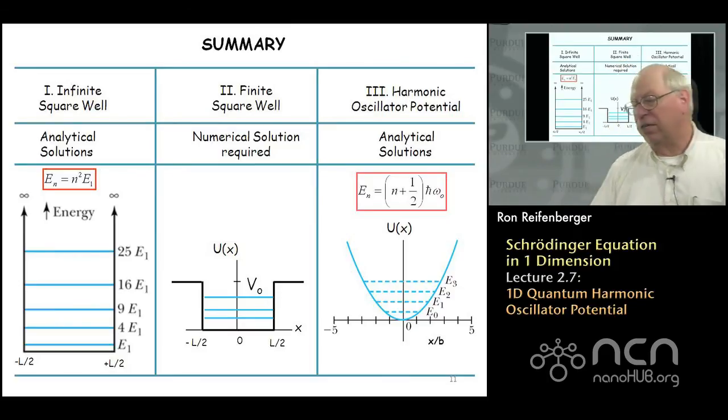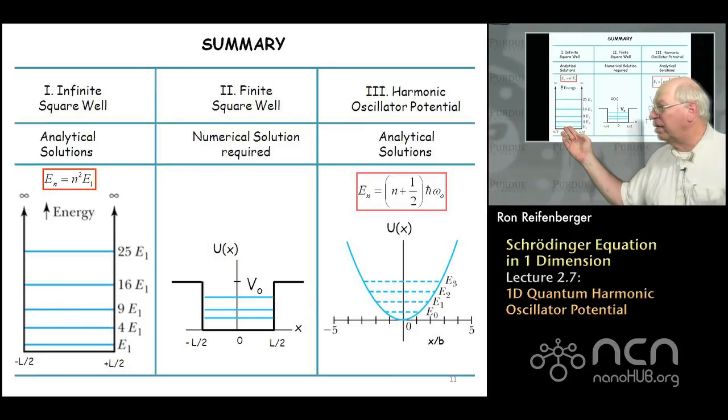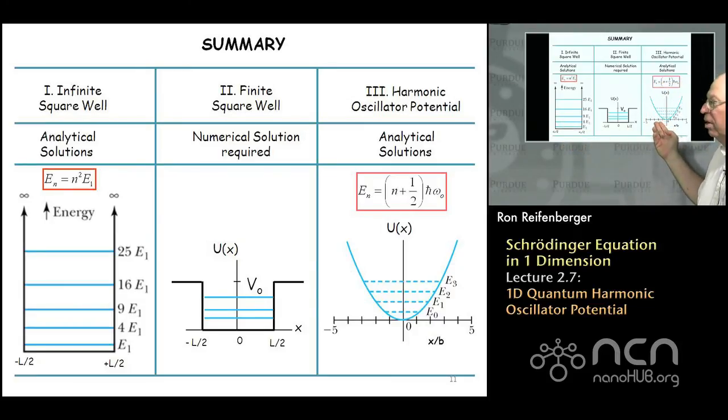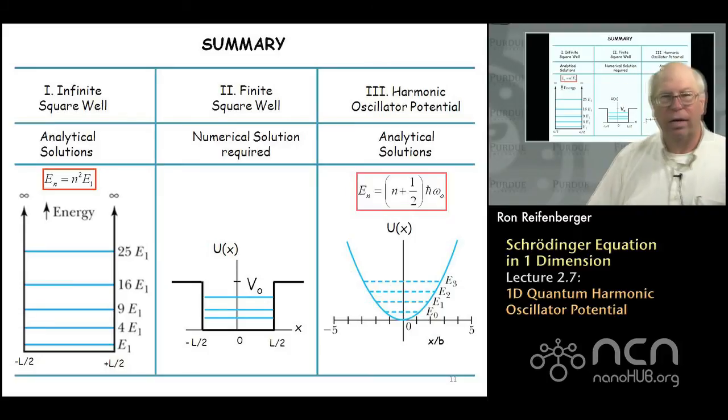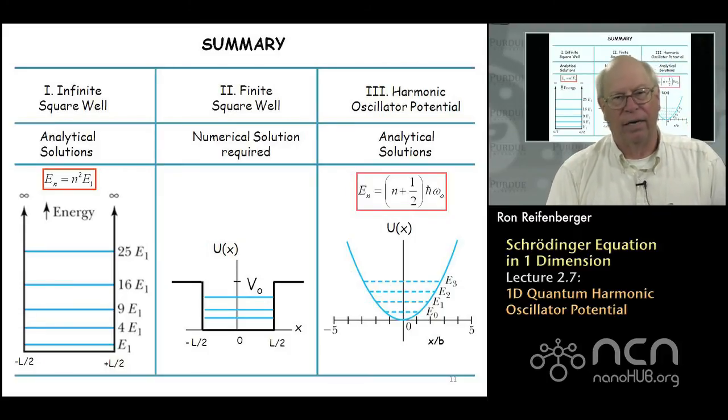So it's for this reason that you very often see predictions based on either the infinite square well or the harmonic oscillator potential, because those solutions are well known, they're analytical, they can be written down in very compact form. So it's really important for you to understand these 3 problems and understand the various steps that you have to go through in order to get these energy eigenvalues.